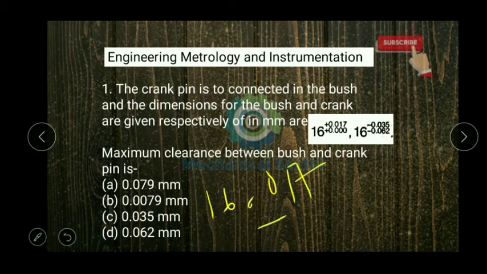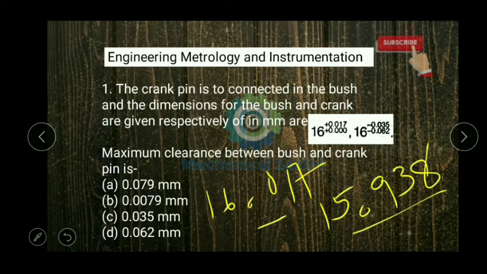16.017 minus the lower limit of the crank pin. The lower limit of the crank pin is given by minus 0.062, which is deducted from 16, so we get 15.938.